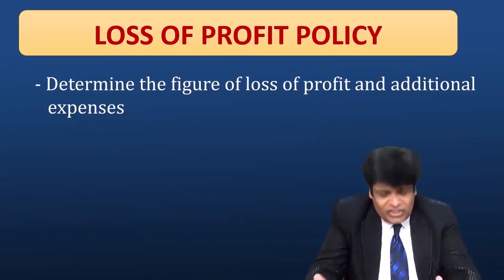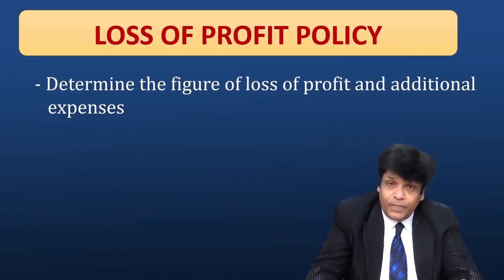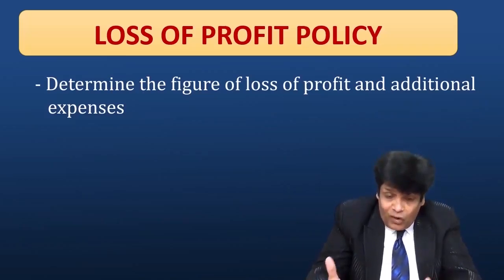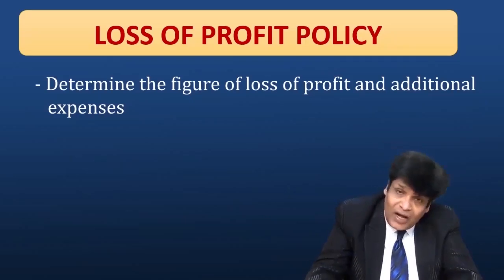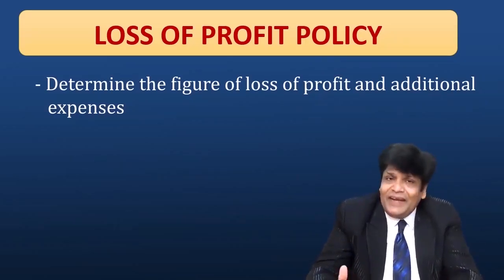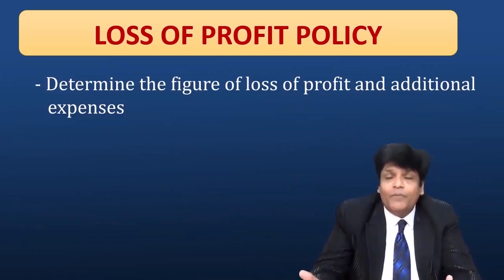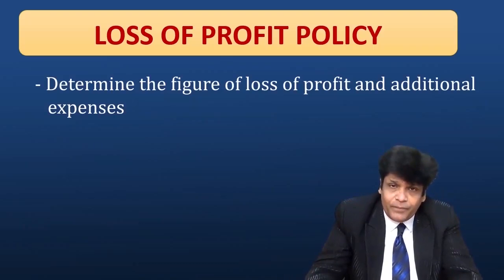Don't forget, the chapter's name itself is loss of profit policy. So when we are speaking about loss of profit policy, we will come to know what that loss of profit is, how to arrive at that particular figure, and what the additional expenses incurred are to get the compensation from the insurance company.